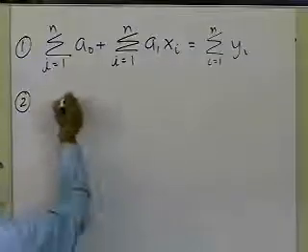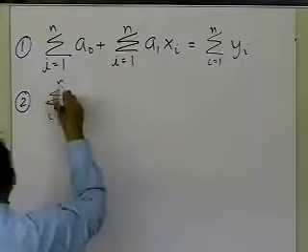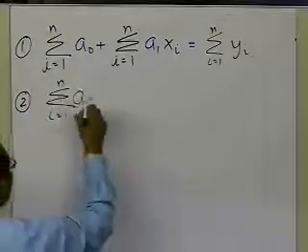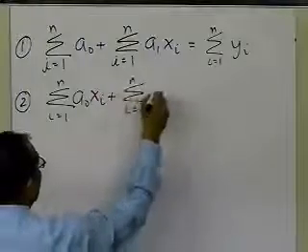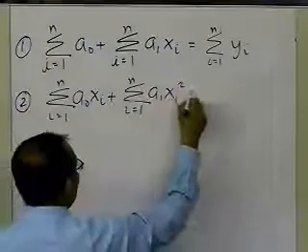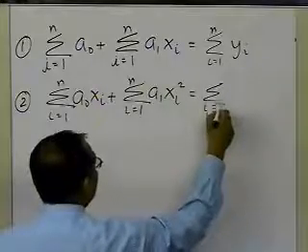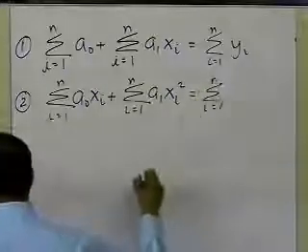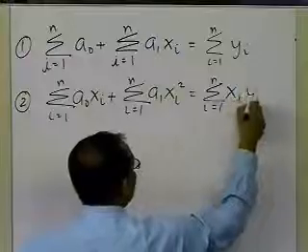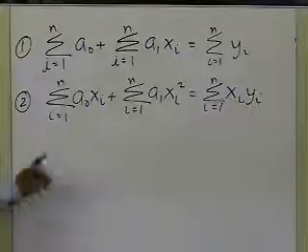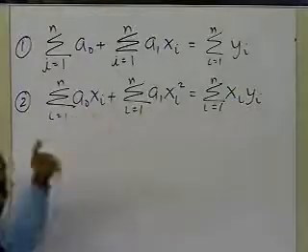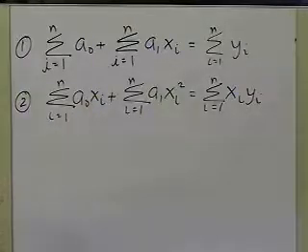The second equation will be summation i equals 1 to n of a0 x_i plus summation i equals 1 to n of a1 x_i squared equals summation i equals 1 to n of x_i y_i. Again, I have to realize that a0 and a1 are now constants, because I found those by taking the derivative of the sum of the square of residuals with respect to a0 and a1.